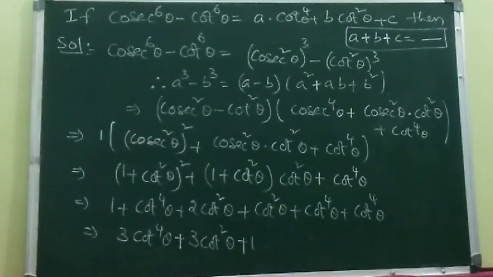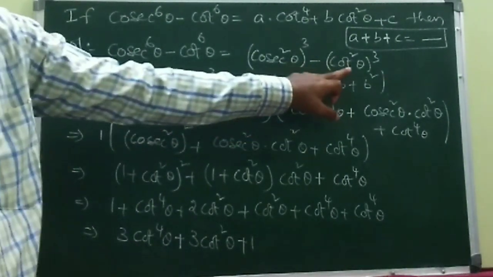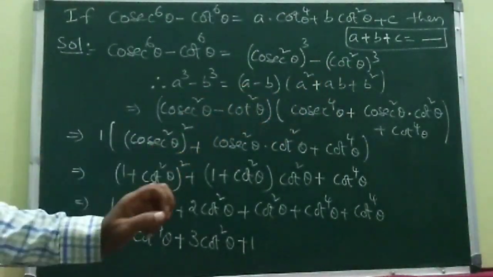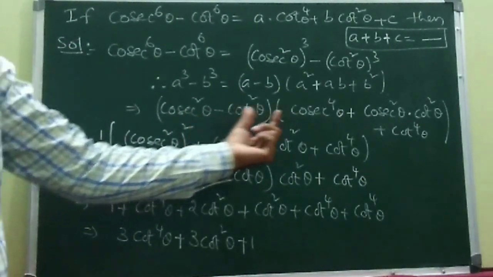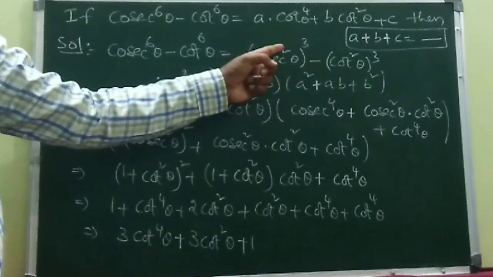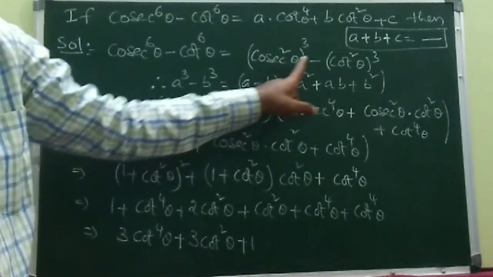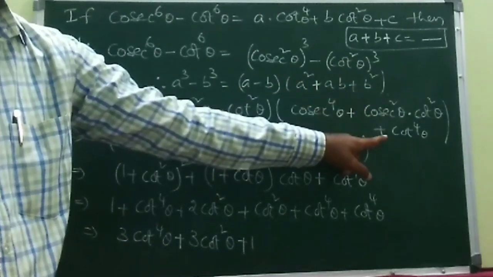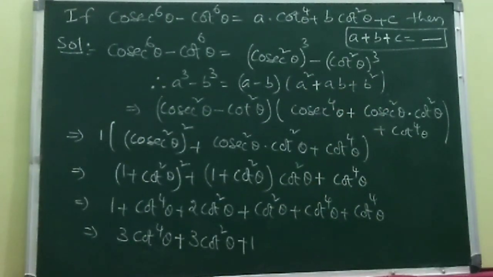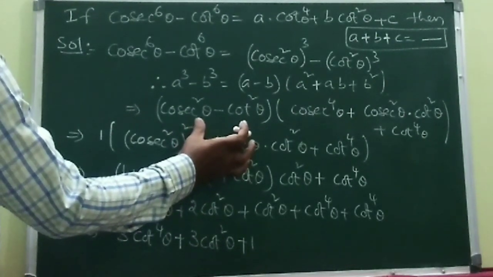Substitute according to that. Cosecant square theta in the place of a and cot square theta in the place of b. So a minus b into a square, already it is square, once again square, then cosecant power 4 theta plus a into b plus b square, that is plus cot power 4 theta. And you know, my dear, this first bracket is nothing but identity.